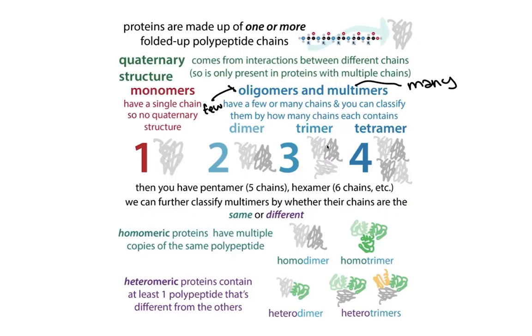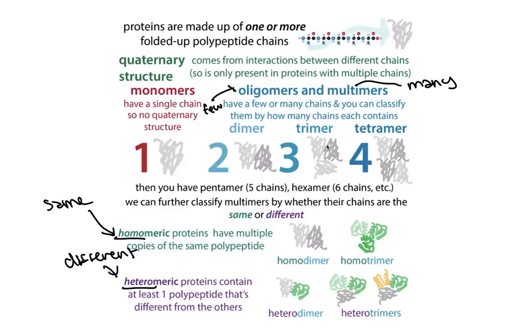Then we can further classify multimers by whether the chains are the same or whether they're different. So if they're the same, then we call them homomeric. So again, going back to why it's important to know those roots. So homo is same, and we could have heteromeric, which would be different. So at least two of the chains are going to be different from one another.